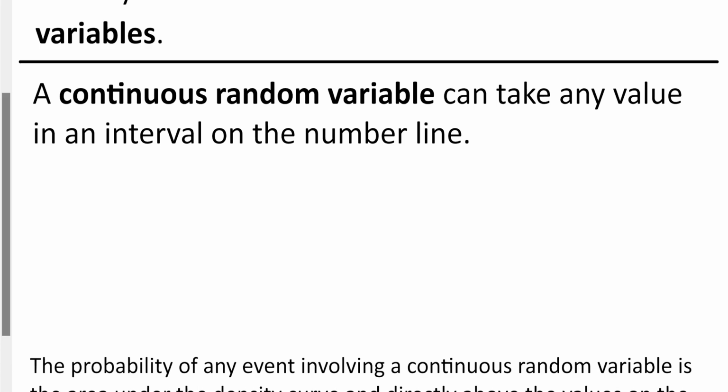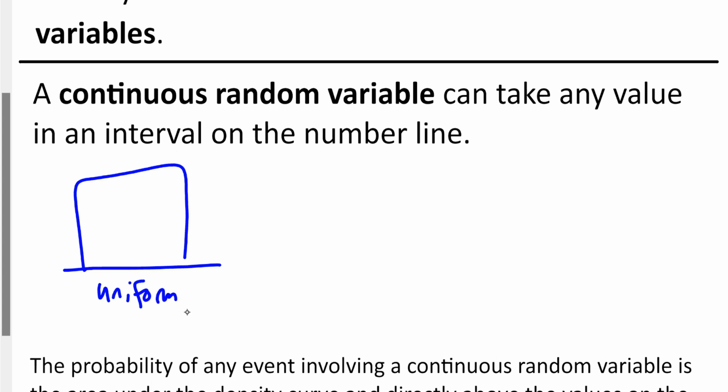So if you recall, we learned about uniform. Now, underneath this uniform curve, the area is always equal to 1. But we could take any part of that and find the probability of falling in this range. It's all based on the horizontal range.